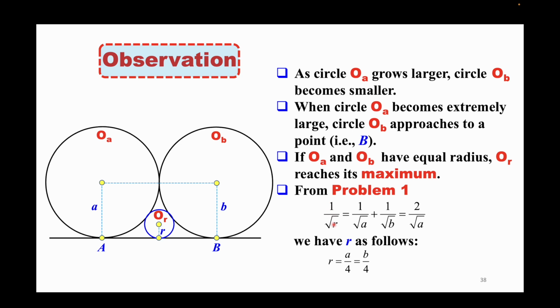Therefore, 1 over the square root of R is equal to 1 over the square root of A plus 1 over the square root of B, and A and B are equal for R to reach its maximum. Therefore, 1 over the square root of R is equal to 2 over the square root of A. Consequently, R is equal to a quarter of A or a quarter of B. So this value is the maximum radius for OR to have, in which case the radii of OA and OB are equal, and 4 times that of OR.